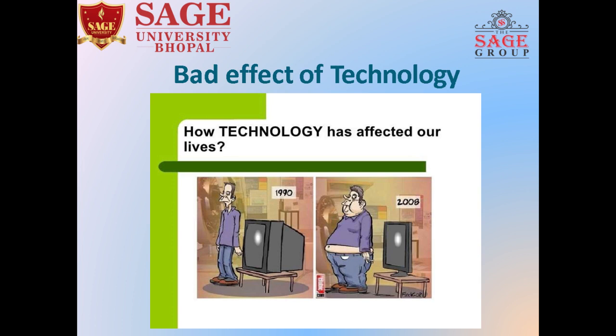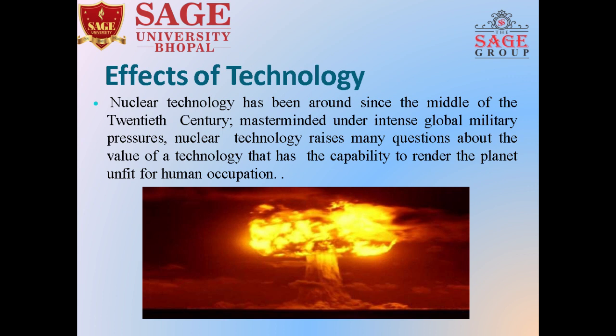From 2008 onwards, technology brought the size of televisions from very big to very small and thin, even LED and LCDs are coming in the markets. And what happened to our physical fitness? We are getting more and more weight and increasing our size. That is the bad effect of technology. Why? Because technology provides us a comfortable, luxurious life.